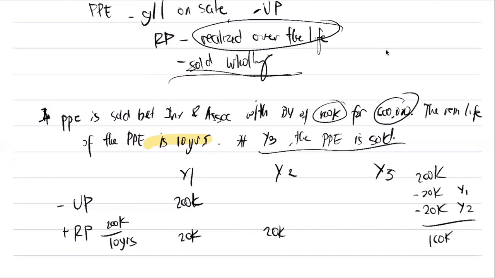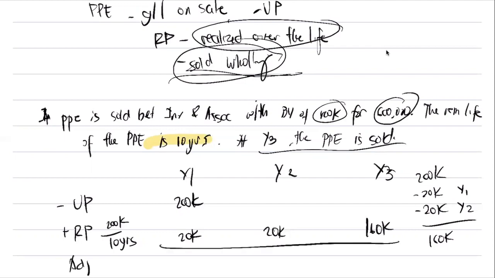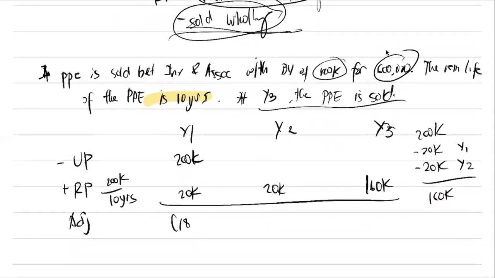So what is the balance? 160,000. On year 3, it is sold. It will be now recognized wholly. So 160,000. So what is our adjustment? Year 1, our adjustment is negative 180. Year 2, 20. Year 3, 160,000. And then it will now be dependent whether it is upstream or downstream. Okay? You just need to get your adjustment. That's for property, plant, and equipment.